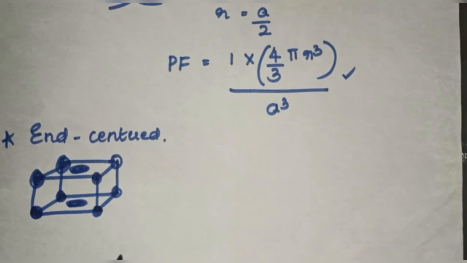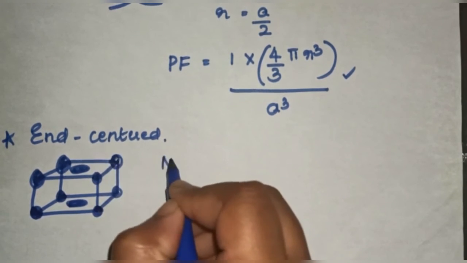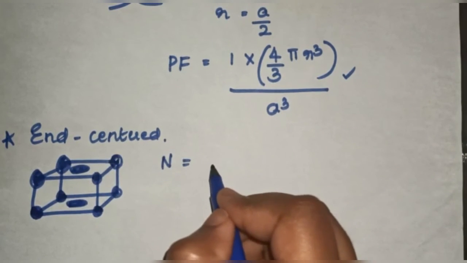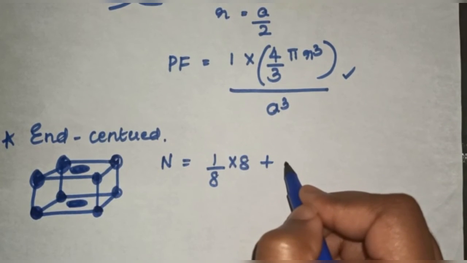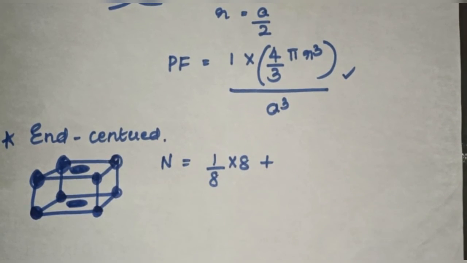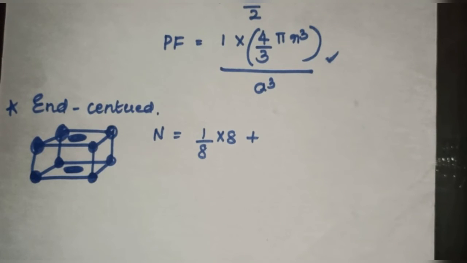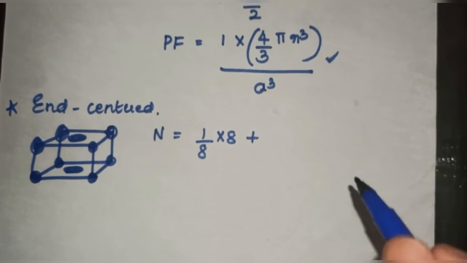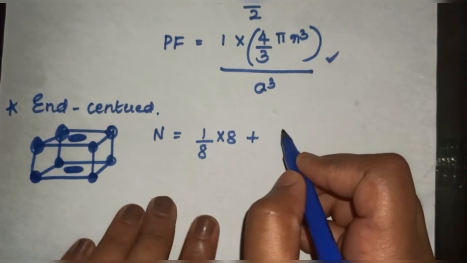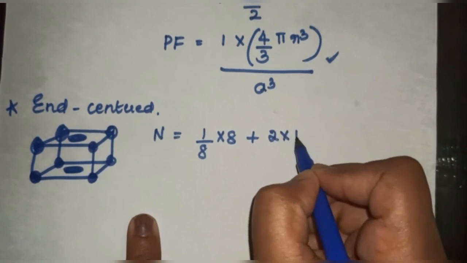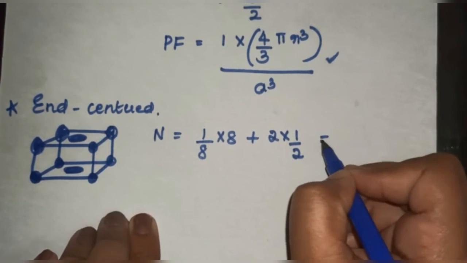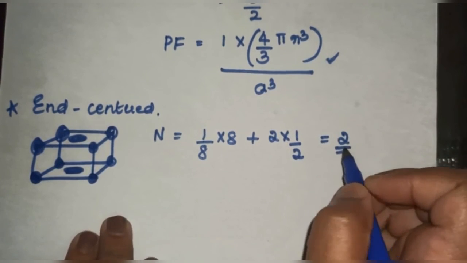So the number of atoms will be 1 by 8 into 8 plus the contribution of the ends, 2 into half, so together it will be 2.